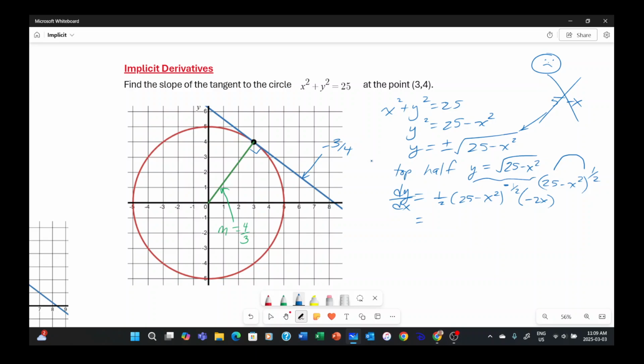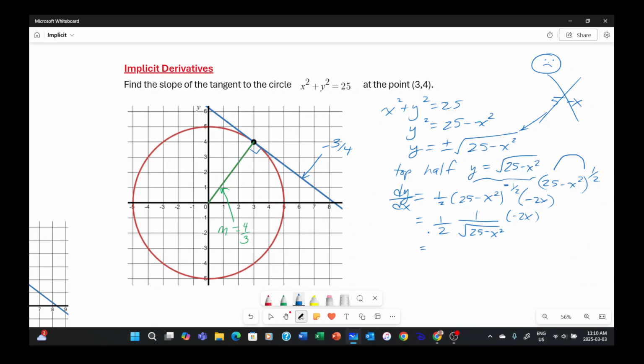Now this part can get a little bit touchy if you're not good with exponents and fractions. When you have a negative a half on the exponent, the negative sends it to the bottom, so it's going to be 1 over, and the half means you root it. So 25 minus x squared, and then you have negative 2x.